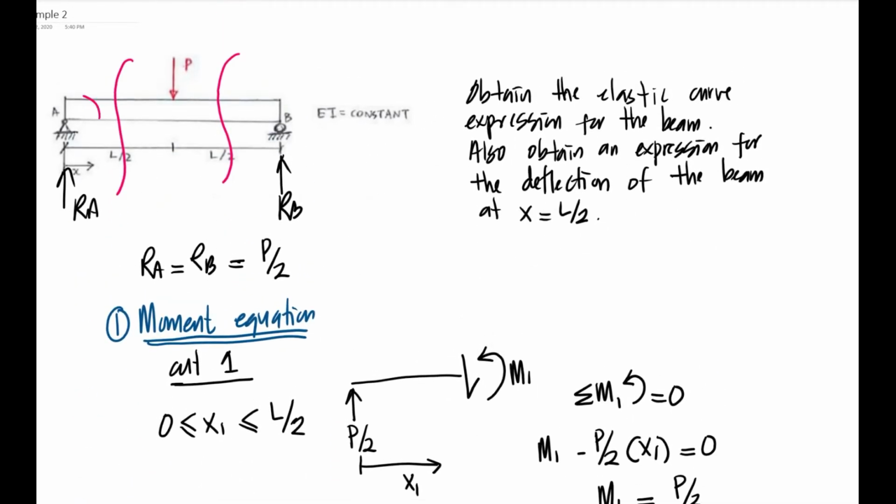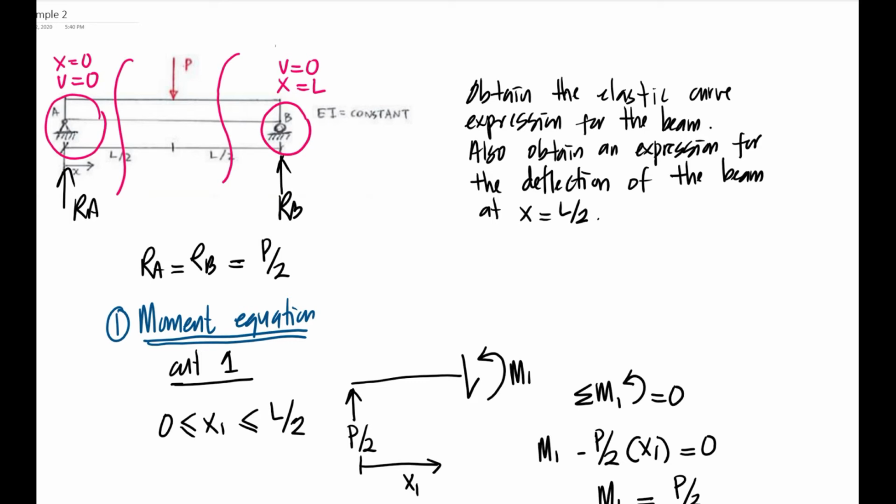As we can see, when we start here, x equal to 0, the support is a pin, so v equal to 0. Then look at B, it is a roller, so v equal to 0 at x equal to L.